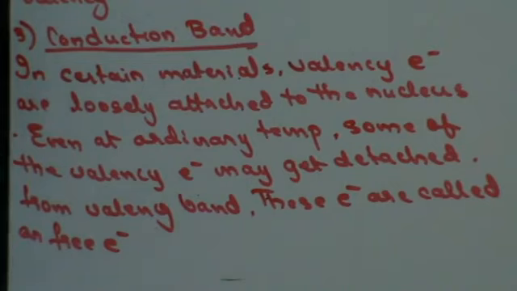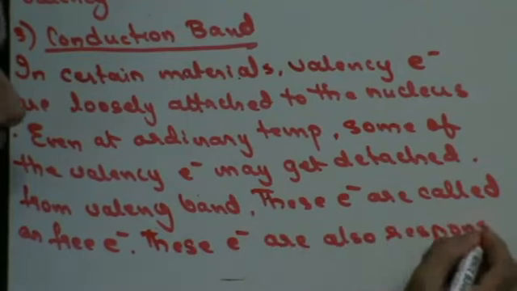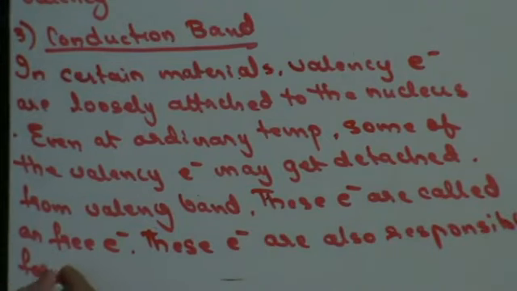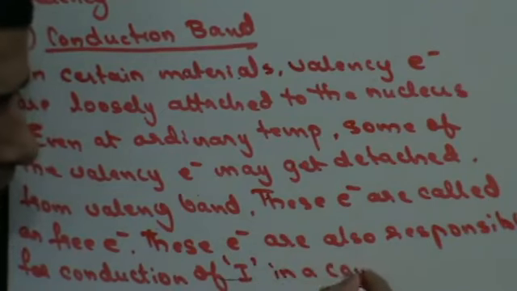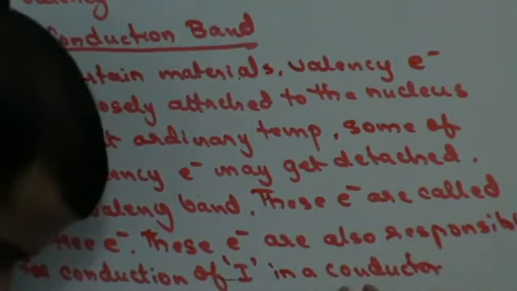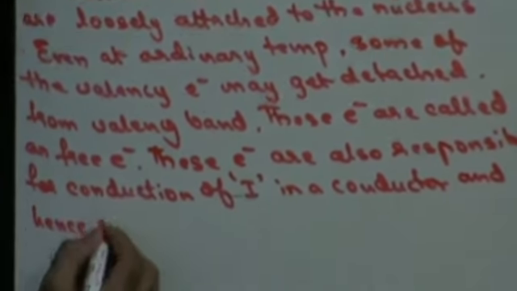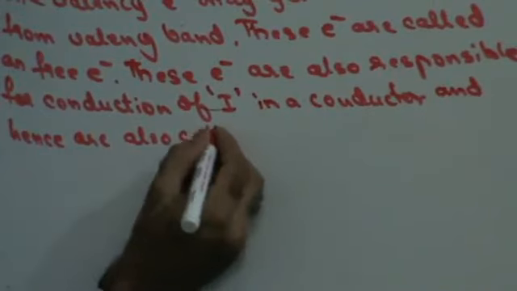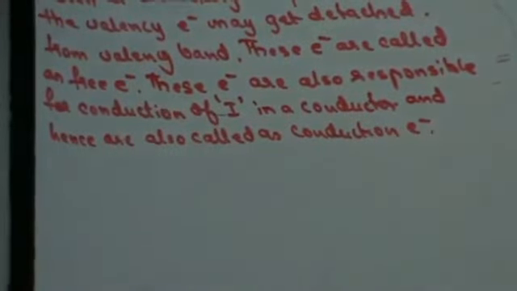Now these electrons are responsible for conduction of current in a conductor and hence are also called conduction electrons. Fine, do you get this clear?